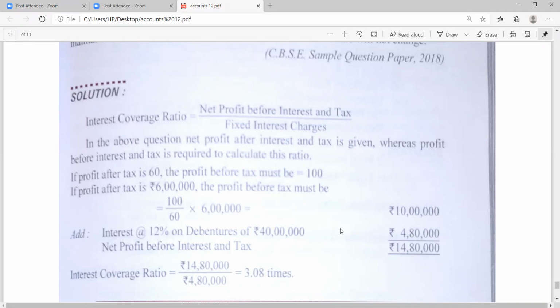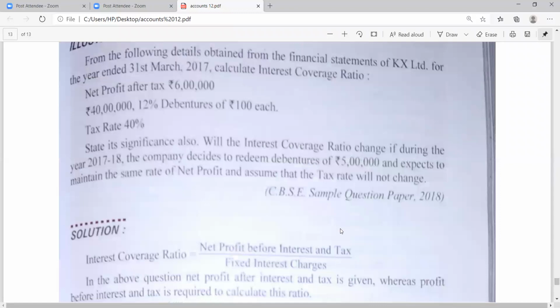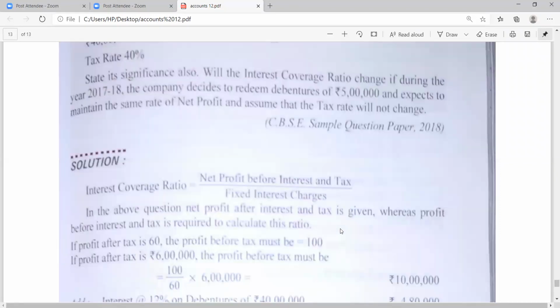The calculation of profit before interest and tax matters. That's why I'm repeating. The actual profit after tax is given to us, and the rate of tax is also given to us. With the help of the tax rate and the net profit after tax, that is 60, apply the statement and we can calculate the profit before tax. The profit after tax is 60, the profit before tax must be 100. If the profit after tax is 6 lakh, then profit before tax must be 100 upon 60, multiplied by 6 lakh.